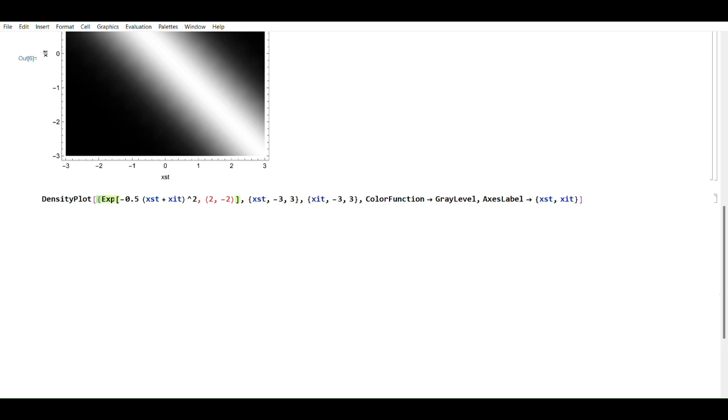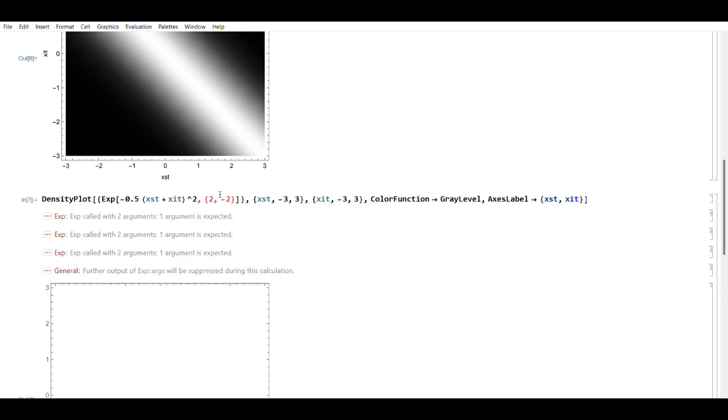Okay, this is not working. This is throwing up some errors. Clearly, this is not the right way, it seems.